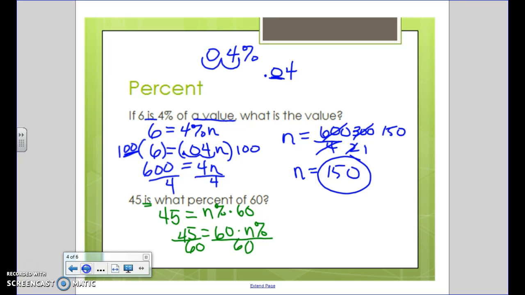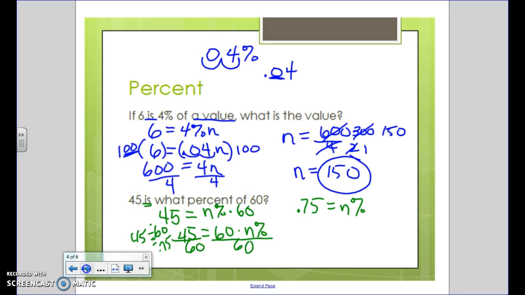And I know that 45 divided by 60, and in this case, we're going to want to use a decimal because we're calculating a percent. 45 sixtieths is 3/4, which Mr. Gillum knows is 0.75. When I divide 45 divided by 60, it equals 0.75. That equals n percent.